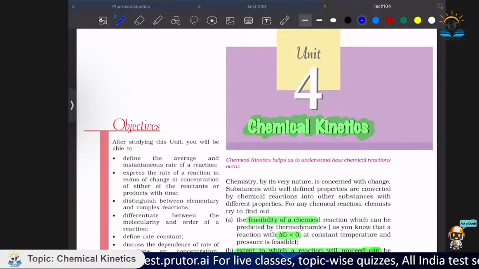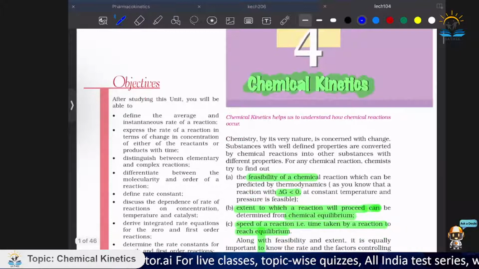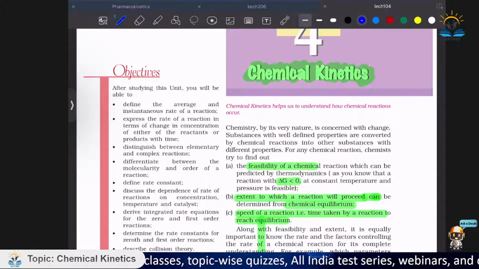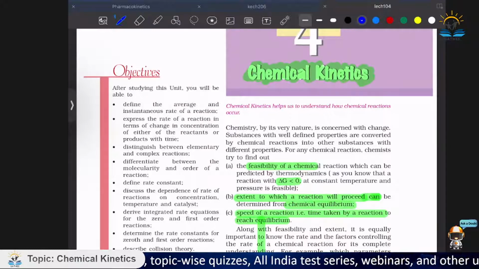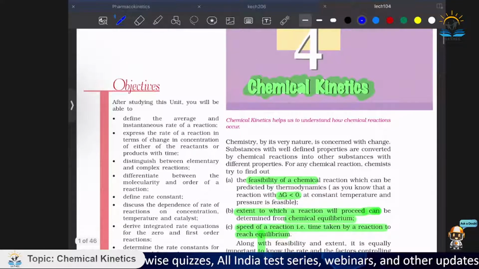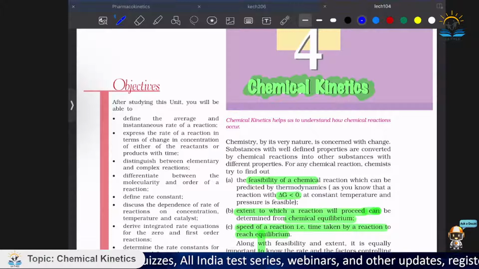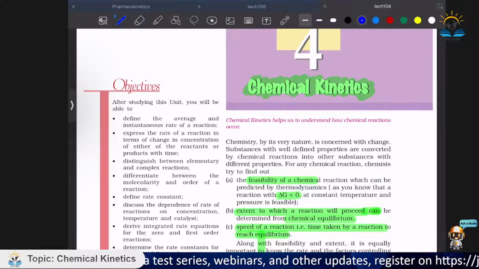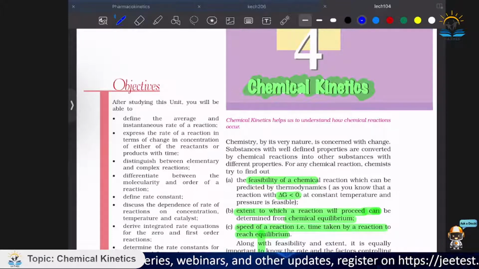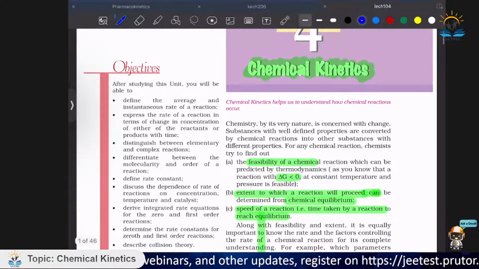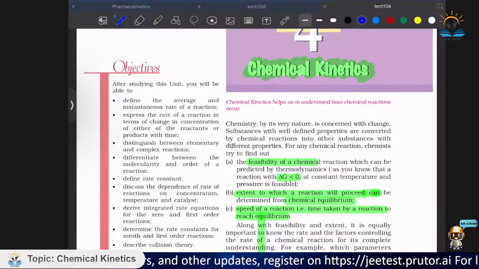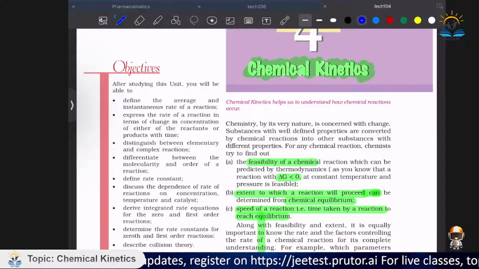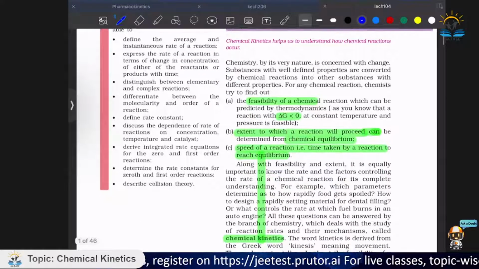Okay, so moving to the definitions, what is chemical kinetics? Chemical kinetics is basically the study of the speed of reaction. Previously in our courses, we have covered topics like equilibrium and thermodynamics. The feasibility of a chemical reaction, whether a reaction will occur or not, is answered by thermodynamics or your Gibbs free energy.